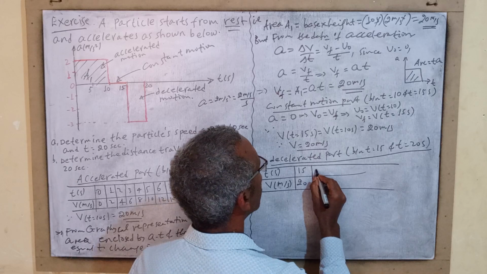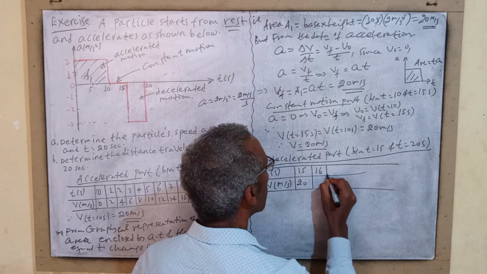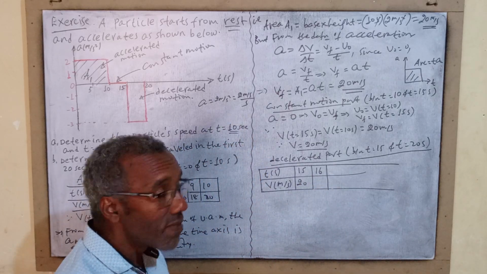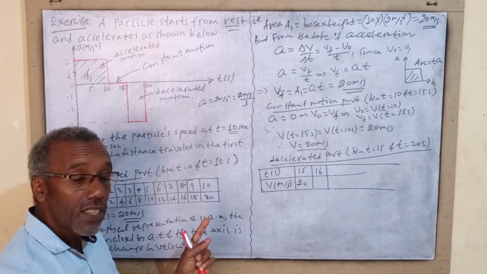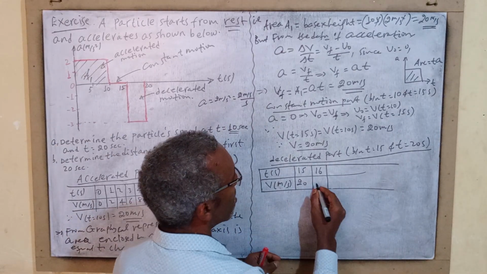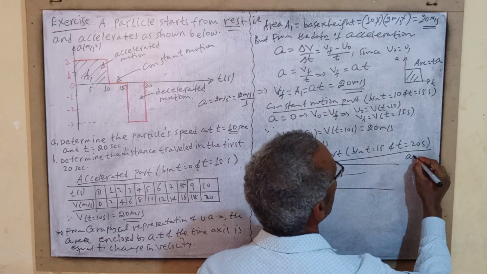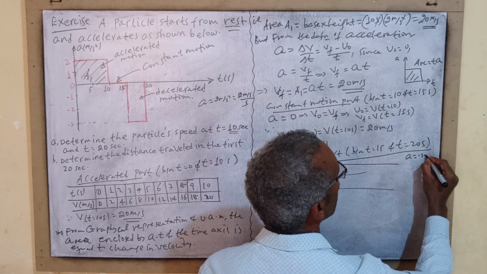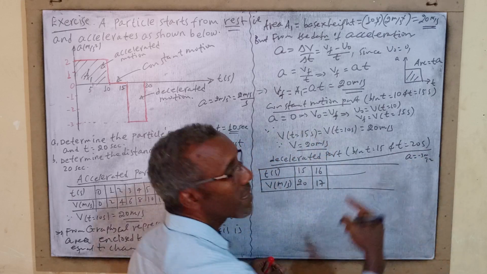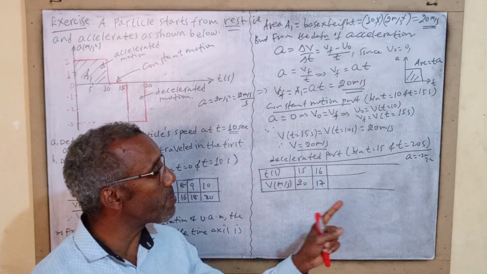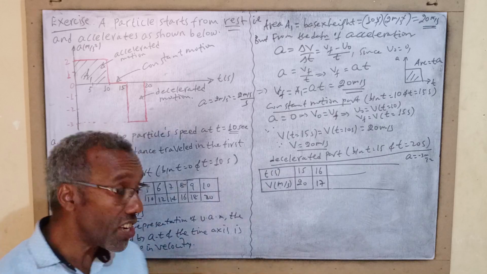When the time is 16 seconds, the speed decreases by 3 meters per second from 20, so that is 17, because a equals minus 3 meters per second squared means the particle decreases its speed by 3 meters per second every second from the initial speed.